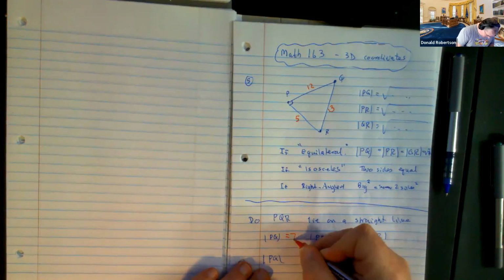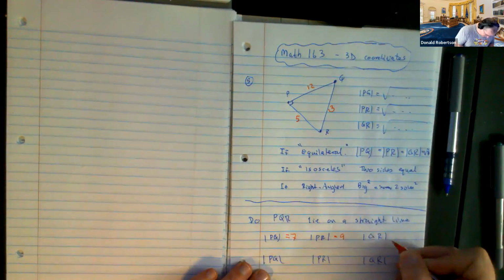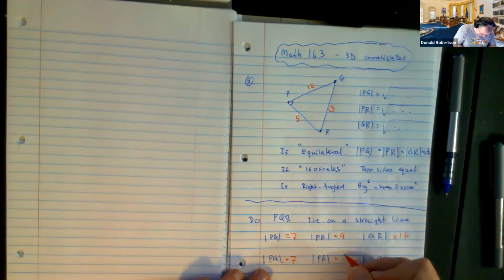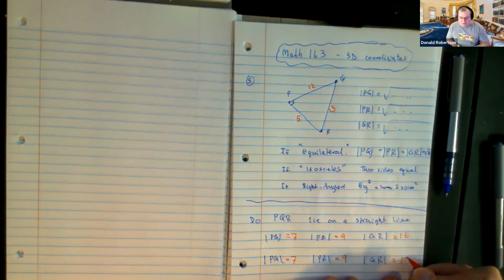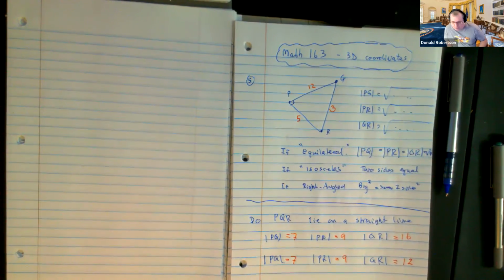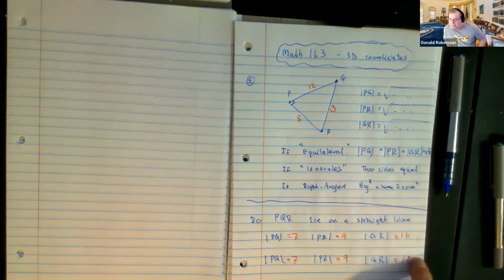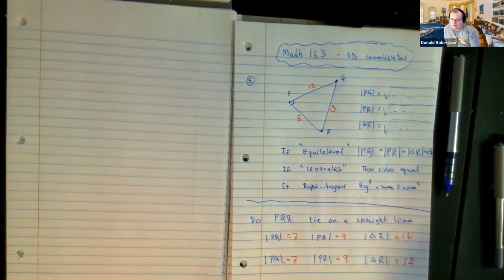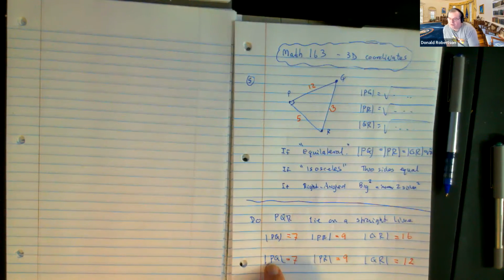So in this one, and in this one, the top PQR is a straight line. The second PQR, right, from different points, is not on the same straight line. How can you tell that this one, P, Q, and R are a straight line, whereas this one, P, Q, and R are not a straight line?